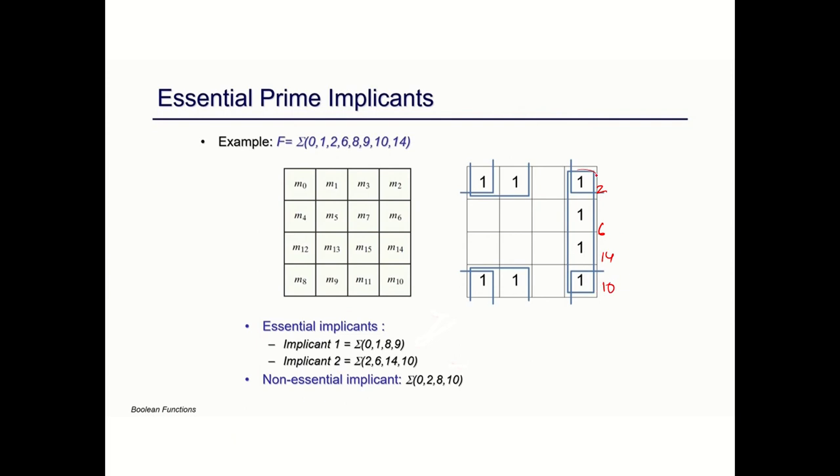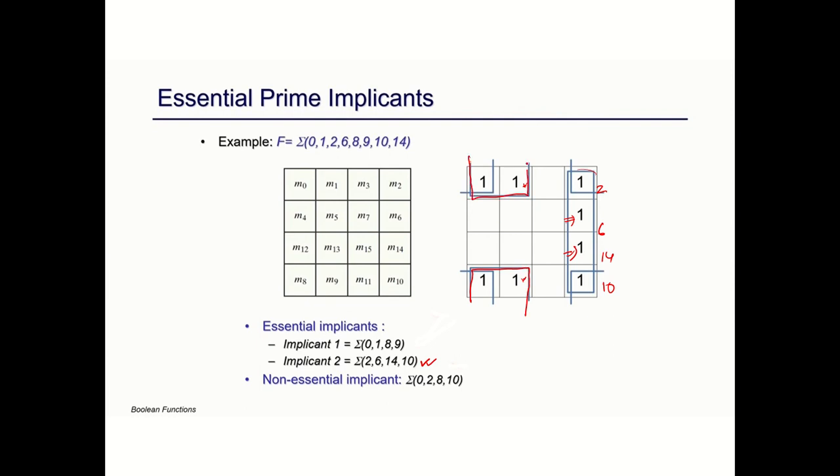So this is an essential cover, obviously, because to cover these particular onset positions, we just need to make the grouping of these positions. So this is exactly implicant number 2 which is shown here. Another one is obviously, if we make a group of all the 4 corners, automatically these particular onset positions are not covered with the help of the corner grouping. So we go with this particular grouping.